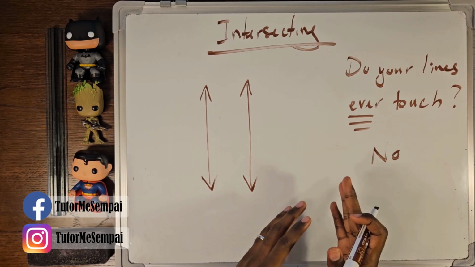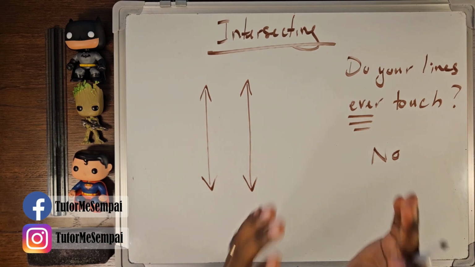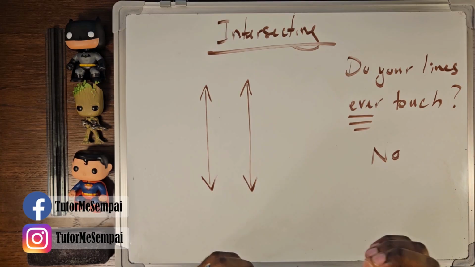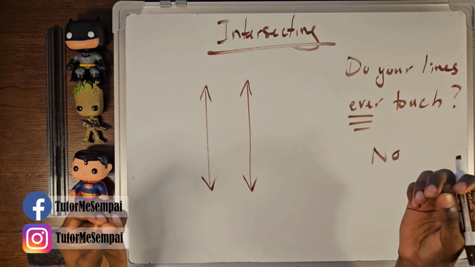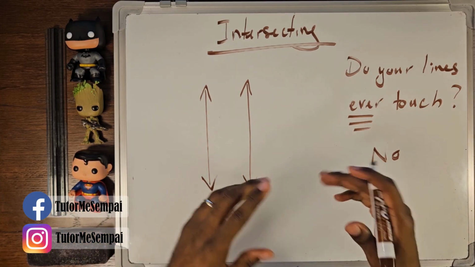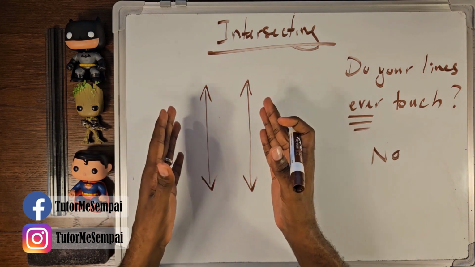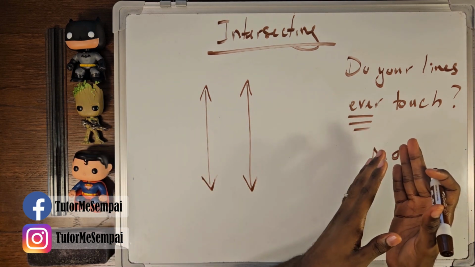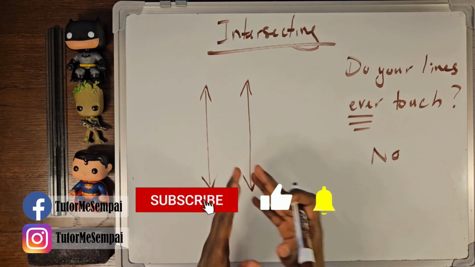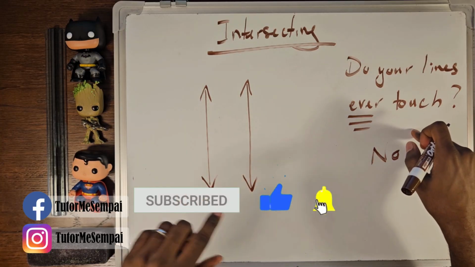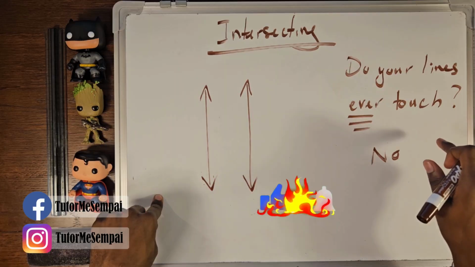Well, if they're parallel, that means that they're not going to be intersecting, because intersecting lines actually means that they do touch. So parallel covers the lines that do not touch, and intersecting covers the lines that do touch. So if you have parallel lines, they're not intersecting.